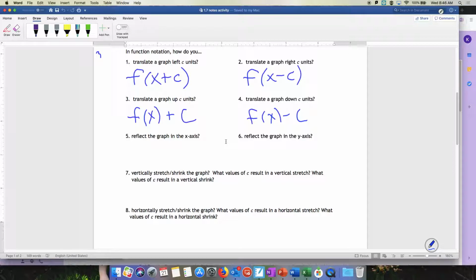If we want to reflect the graph about the x-axis, okay, Devin, what do we need to do there? The x-axis reflection. It would be f, and then in parentheses, negative x. And then what did you have for 6, Devin? Negative f of x.